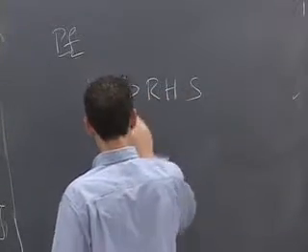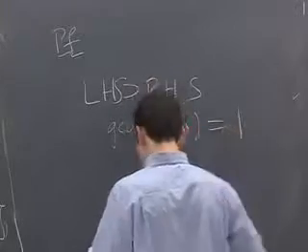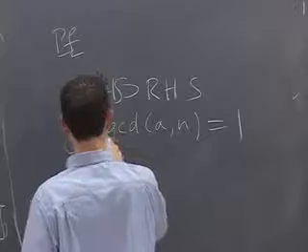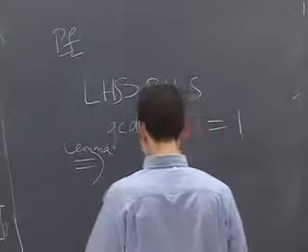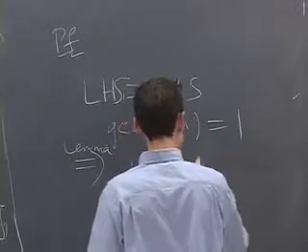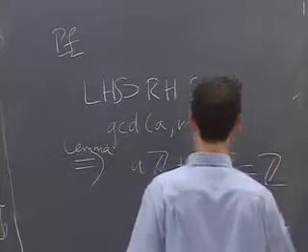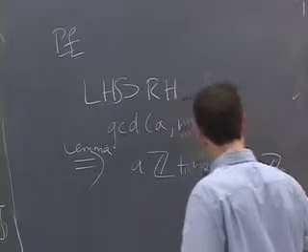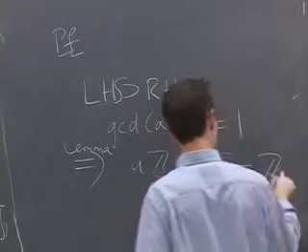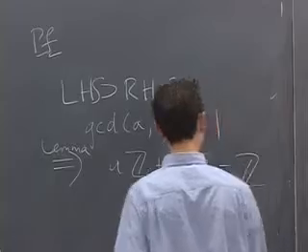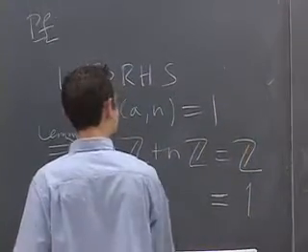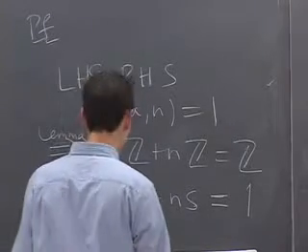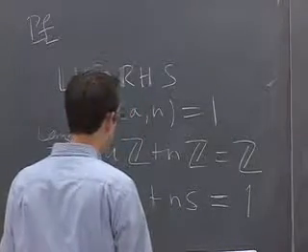Well, if I have gcd(a,n) equals 1, then by the lemma, aZ plus nZ equals Z, or put another way, since 1 is in here, I can write 1 as ar plus ns for some r and s.